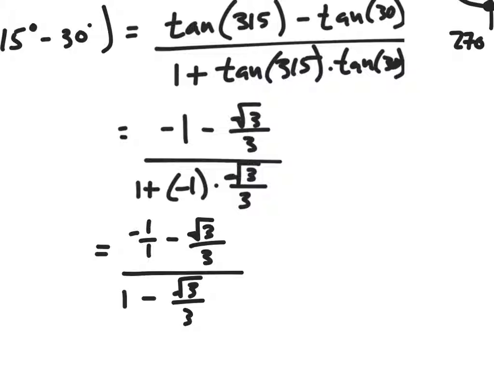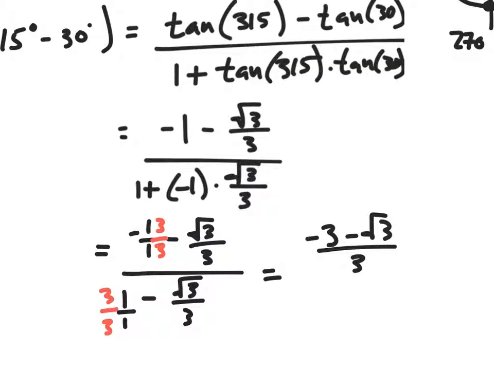I'm going to get a common denominator. I'm going to put this one over 1 as well, so multiply top and bottom by 3 over 3. Then this is going to give us negative 3 minus the square root of 3 over 3 divided by 3 minus the square root of 3 divided by 3.